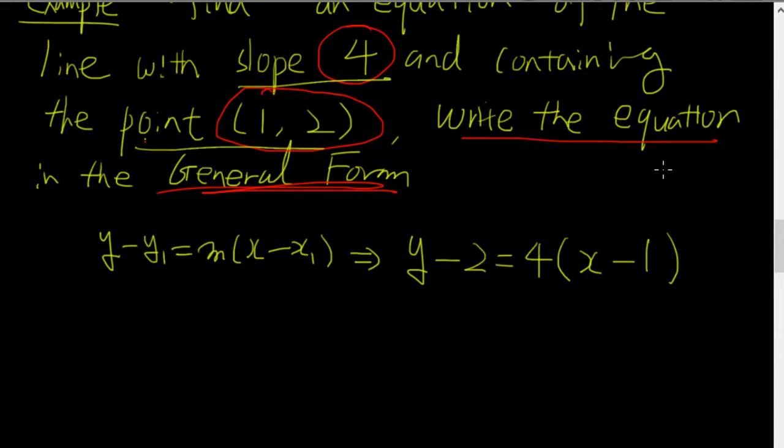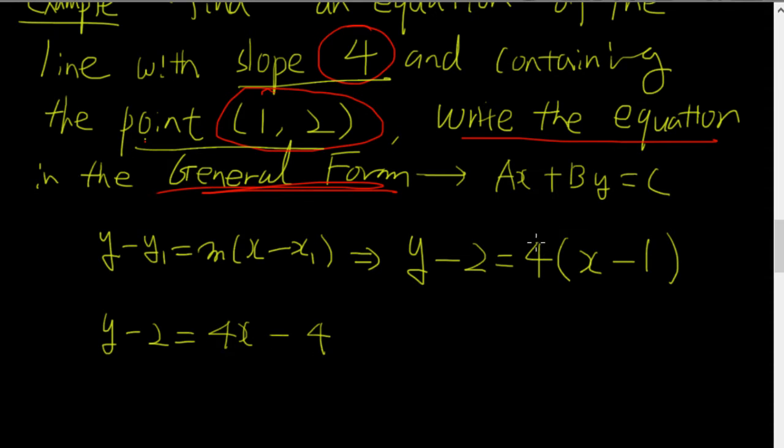Now we need to put that into the general form, right? What was the general form? The general form was ax plus by equals c, meaning x and y have to be on the left-hand side and the right-hand side should be the number only. So let's simplify this a little bit. y minus 2 equals, let's distribute this 4, so it'll be 4x minus 4. I'm just multiplying this 4 inside. So I'm going to move this here and move this number there.